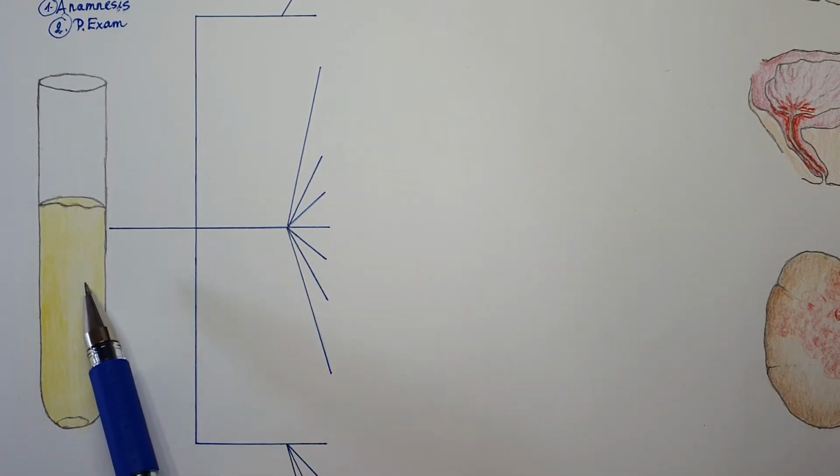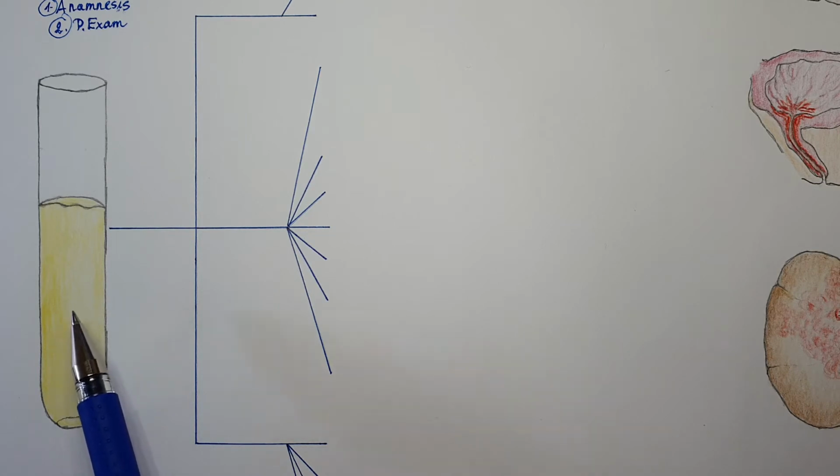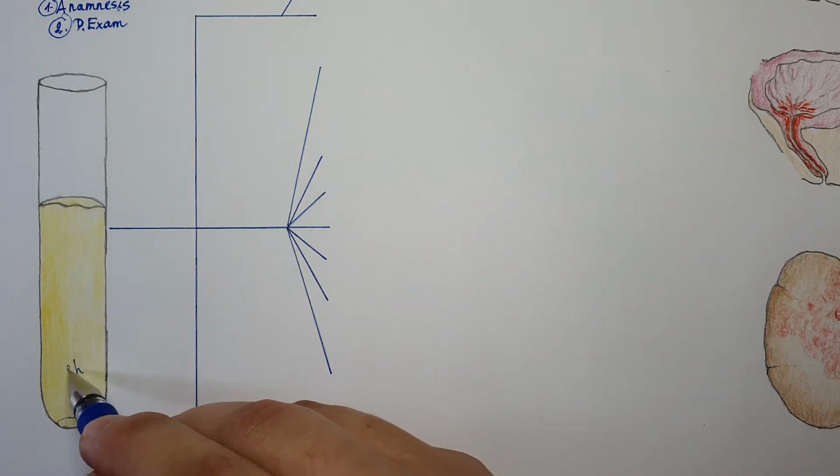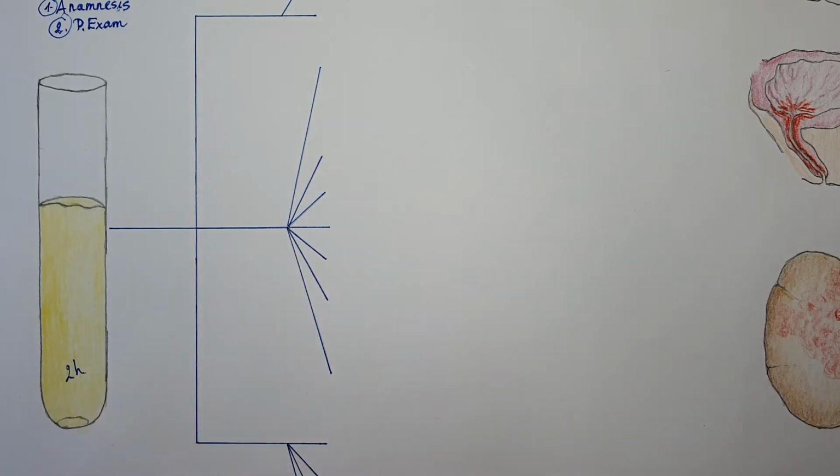They don't look like this, and it needs to be analyzed in a few hours. So within 2 hours of taking, it needs to be analyzed. If it is not analyzed in this time, it needs to be put in a fridge. So urinalysis is, as I said, a baseline laboratory test.